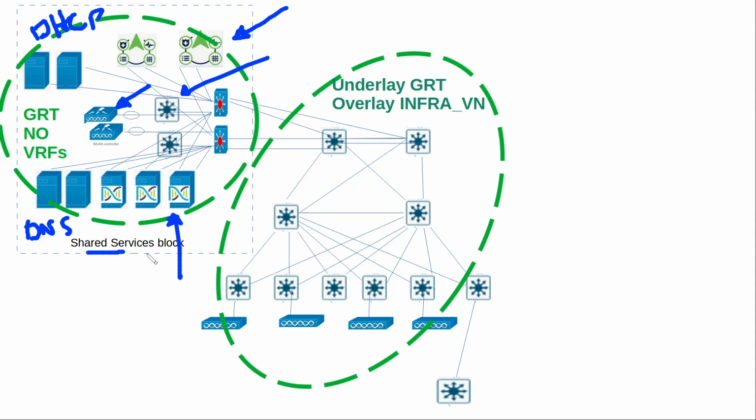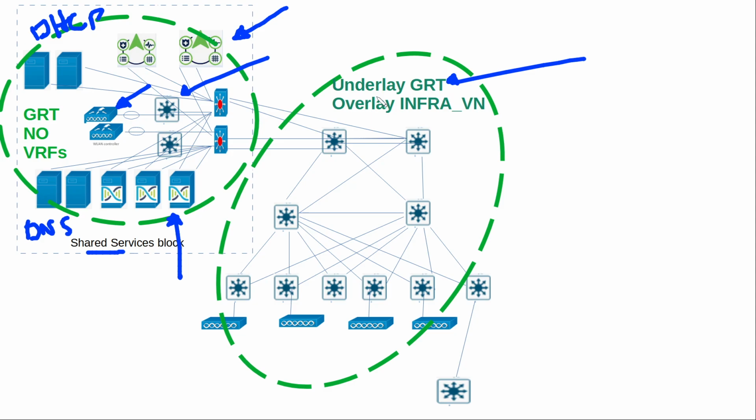So I will need to communicate with devices that are living outside the fabric in order to have my enterprise network working. By default, if I don't set up any user virtual network, my fabric can communicate with outside networks, because my fabric at that point in time only consists of a global routing table that exists in the underlay.